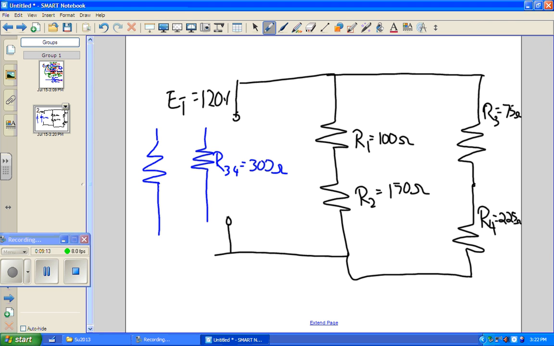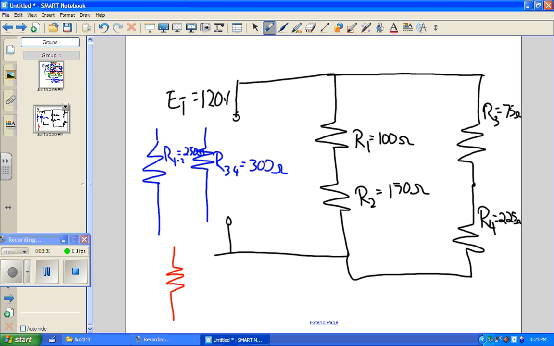And we're going to have 250 ohms. Okay. And then our final simplification is just going to be one single series resistor, but it's a parallel pair that we're simplifying.